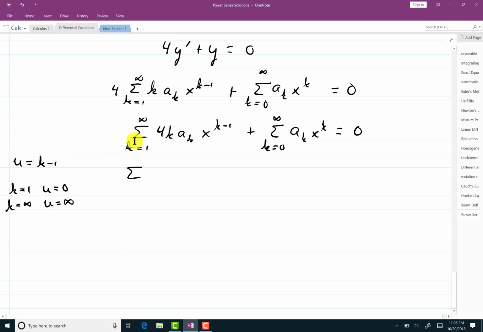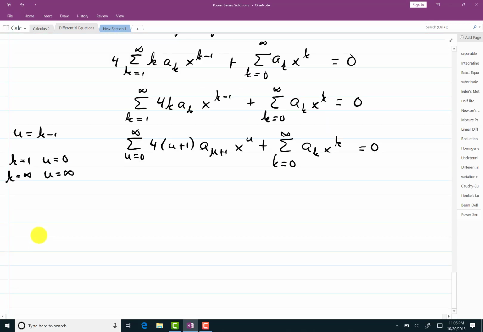So u will go from 0 to infinity, but then I'll get 4 times u plus 1 times a sub u plus 1 x to the u plus the summation k equals 0 to infinity a sub k x to the k, and that's equal to 0.